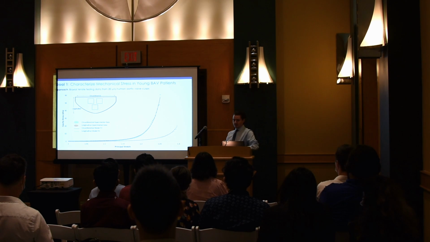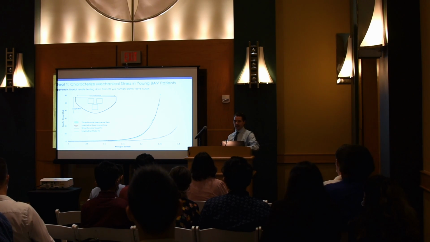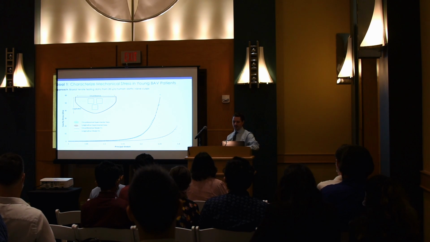Implementation of realistic material properties of human valve cusps in FSI simulations is a pretty active area of research, but we're limited currently by the availability of valve tissue from younger patients that are both healthy and, for that matter, with BAV. So oftentimes, FSI simulations rely on mechanical properties from much older diseased cusps, which are often much stiffer.